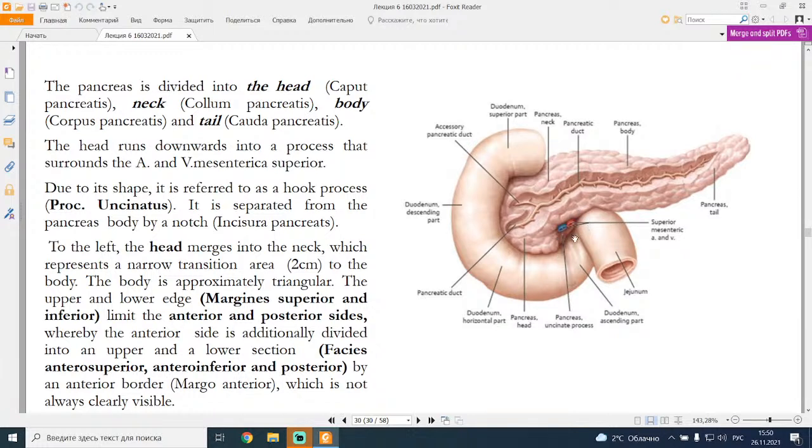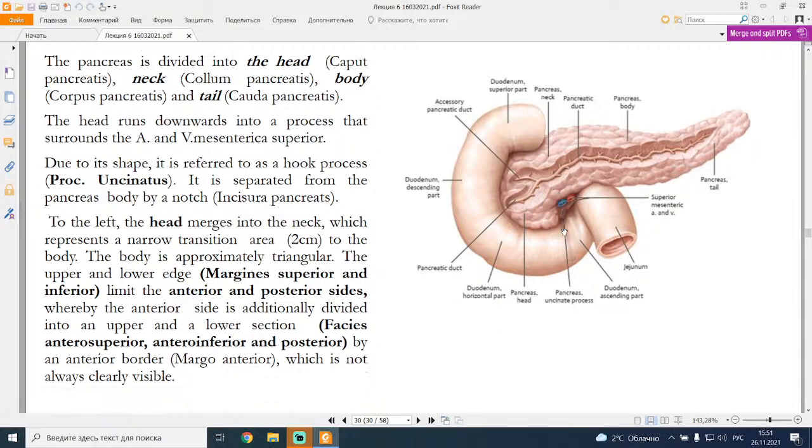Due to its shape it is referred to as the hook process, uncinate process. It is separated from the pancreas body by a notch, incisura pancreatis. To the left, the head merges into the neck, which represents a narrow transition area, 2 centimeters, to the body.